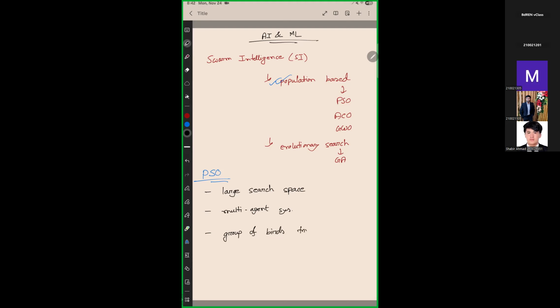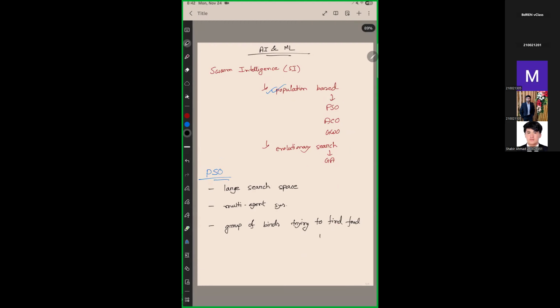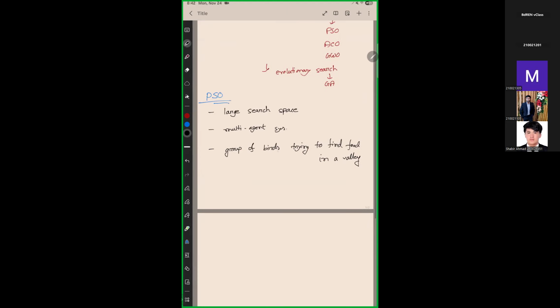So this mimics the concept of a group of birds trying to find food in a valley. This was the idea. There are some places where food is scattered.